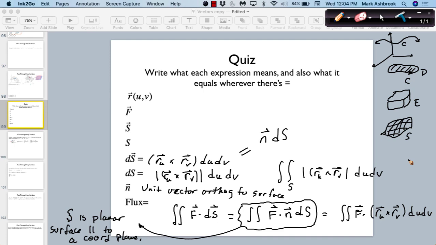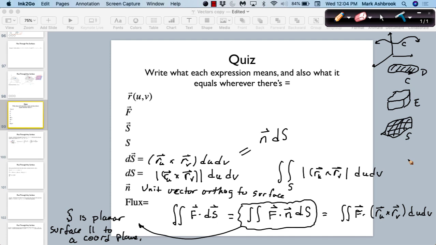Like E stands for a solid, C stands for a curve, and D stands for a region. Those are the most common letters that we use to take on these geometric quantities. So we said S was the magnitude of the area vector, but you'll also commonly see S as just a symbol to represent a surface. Does that make sense? I just want to give you a heads up for that. All right, any questions on all this? Gotta have this straight.